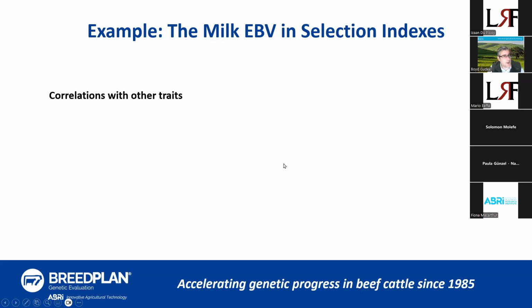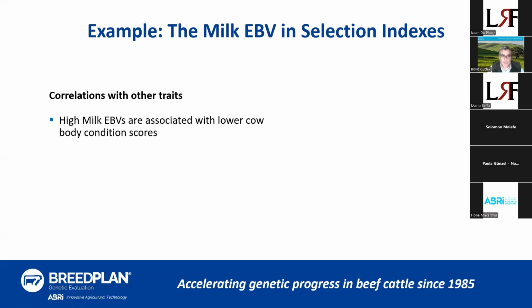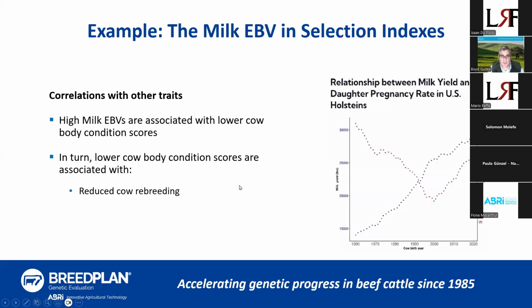There's also correlations with other traits, and I referred to it there when I was talking about body condition scores. High milk EBVs are associated with lower cow body condition score, and lower body condition scores are associated with lower fertility.